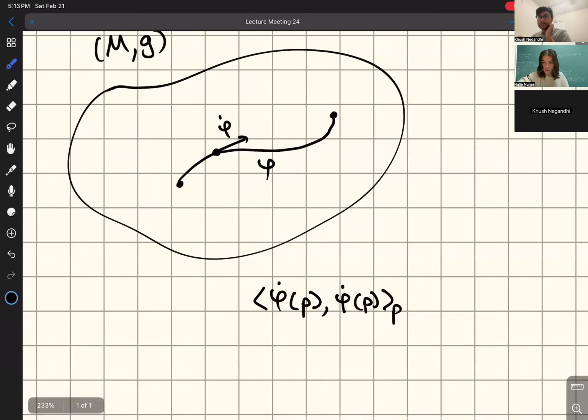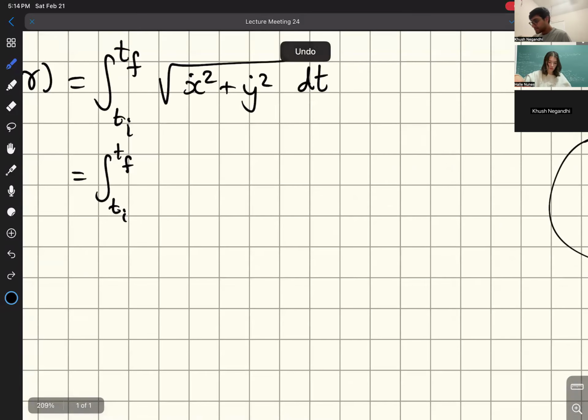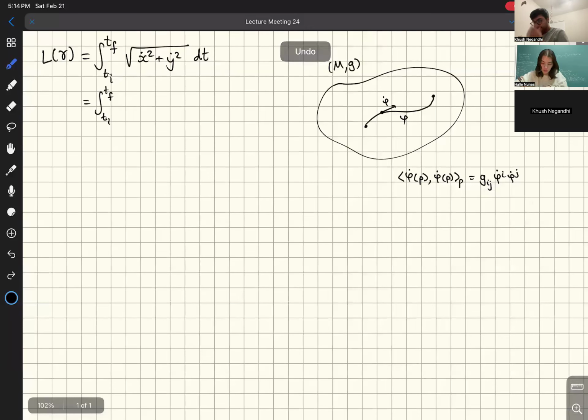This doesn't depend on any coordinates, but if I wanted to write this in terms of coordinates, this would be g_ij phi dot^i phi dot^j, all at the point p, but I'll suppress that notation.